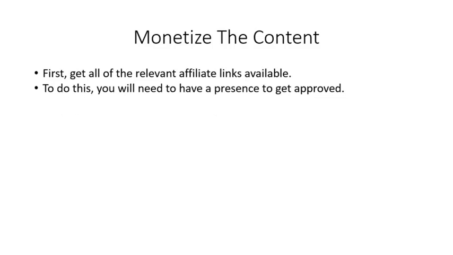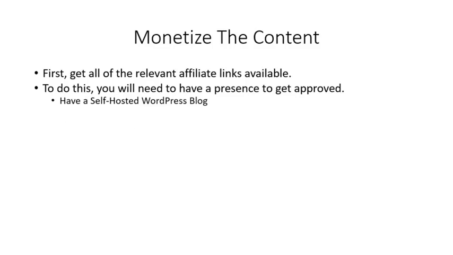And typically, if you are going to become an affiliate for any product, you're going to need to have a presence to get approved. People are going to want to see that if they approve you as an affiliate, you're going to represent the product that you're going to be selling. And so if you don't have a presence, you need to put one together that is as representative of what it is that you do and who you're going to be. That means you're going to need to have a website.